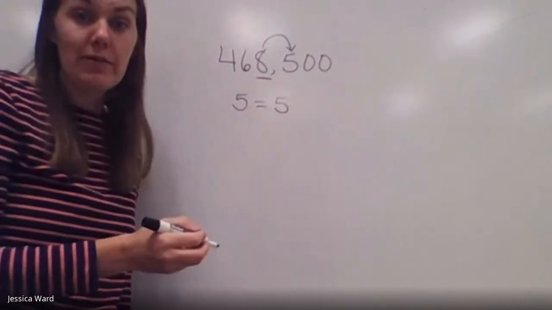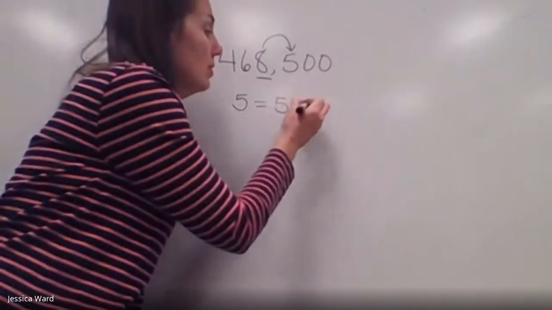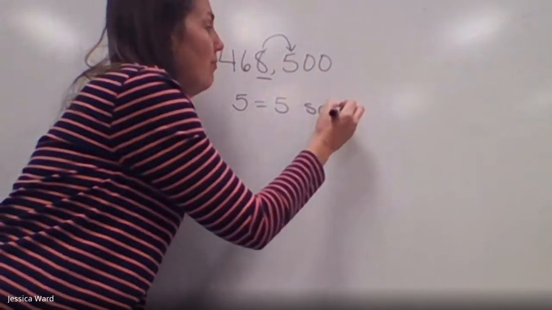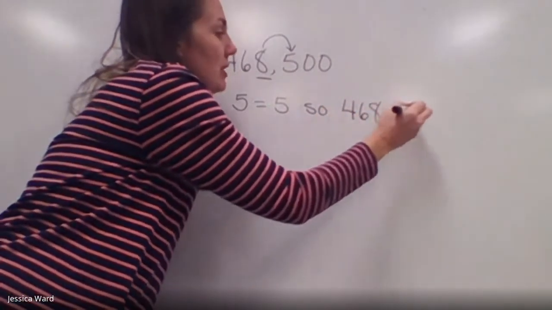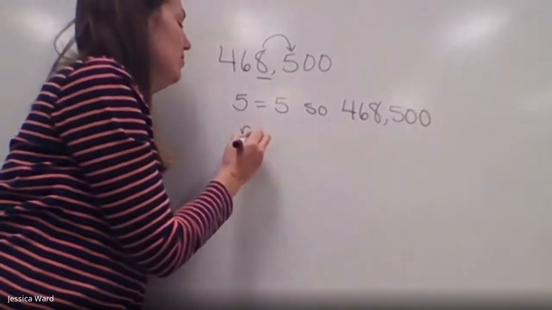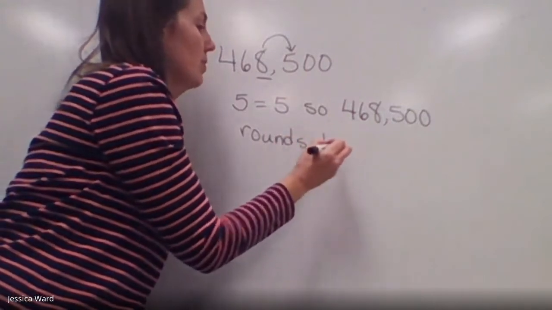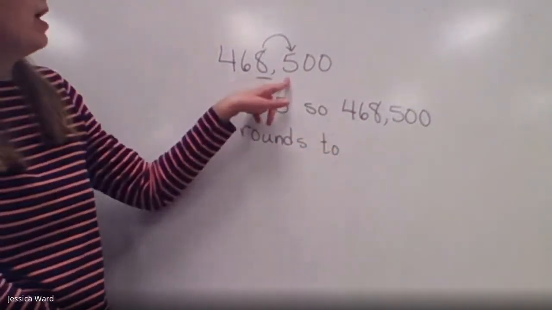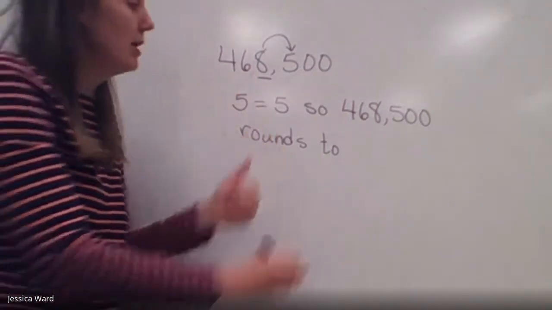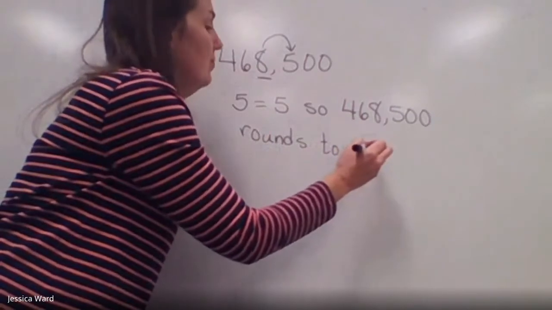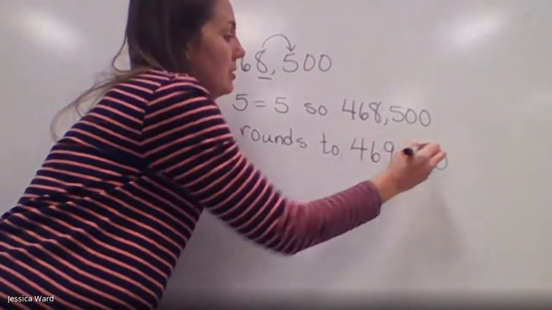And the rule says if it's 5 or more, we round up. So use some words to tell me so. 468,500 rounds to, so if we're rounding up, our next number is going to go up. 8 would go up by 1. We would go to 469,000.